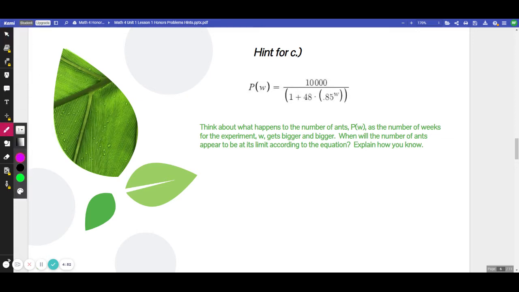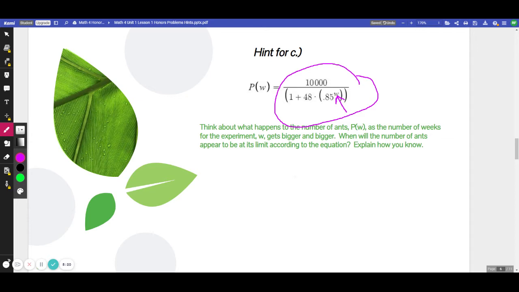Okay, so if you're looking at this equation, as W gets bigger and bigger and bigger, imagine that that's a very large number, like 1,000,000. You can possibly use a table or possibly just plug in some big numbers until you see what would happen. And using the equation, where would it start to top off, and where would its limit be?